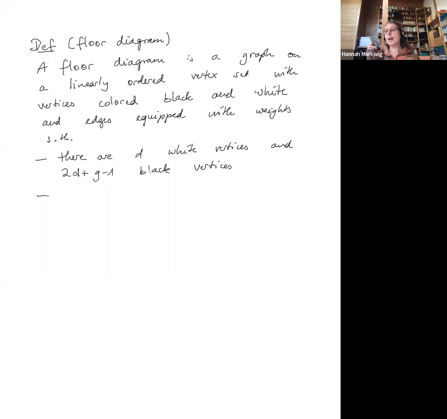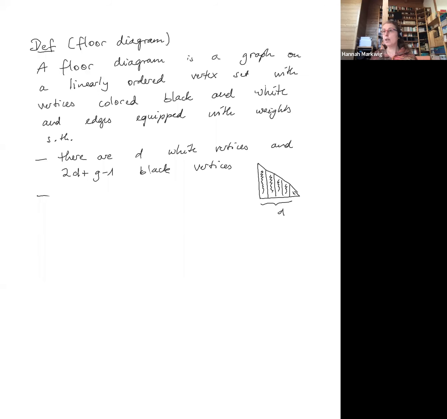We know that there are d white vertices. Why do we know that? Because there are d floors. If we count tropical curves of degree d, we have this triangle of size d, and because it's floor decomposed, all those vertical segments have to be there. The floors correspond precisely to what is in between, and there are d of those.